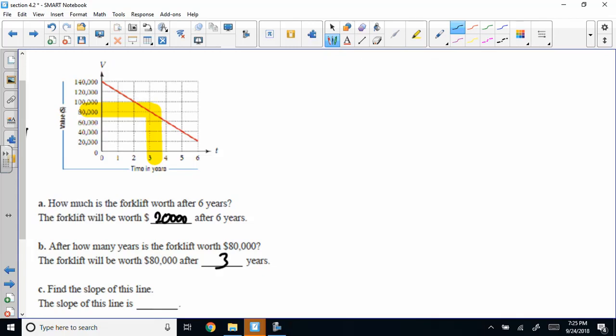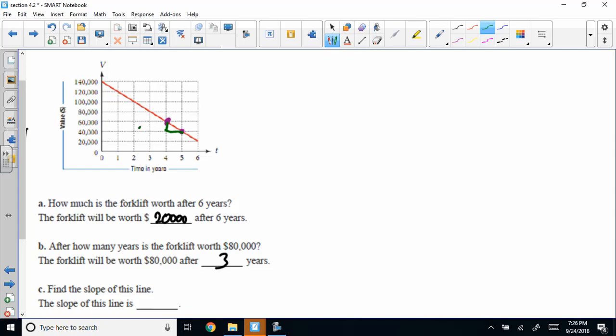Find the slope of this line. So what we're going to do is pick 2 points that are perfectly on there, right? Doesn't matter which 2. I like smaller numbers, so can we pick these? All right, so if I pick those, it's going from 60 down to 40.